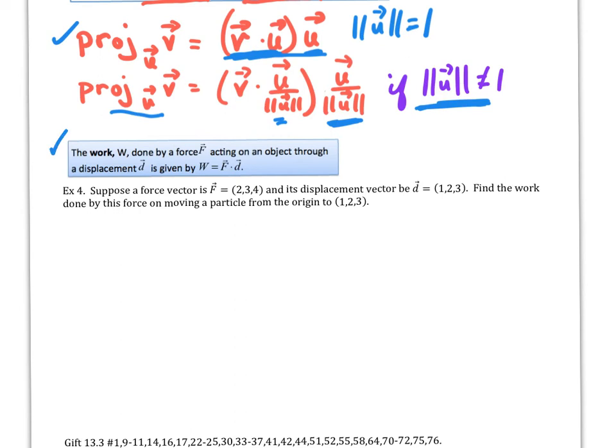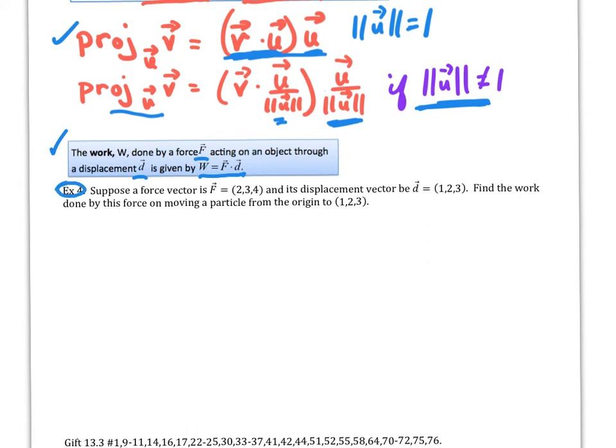Work is defined to be some force acting on an object through some displacement, and those are all vectors. It is given by the dot product of the force times the displacement of whatever we're working with. And so here we have a particle.